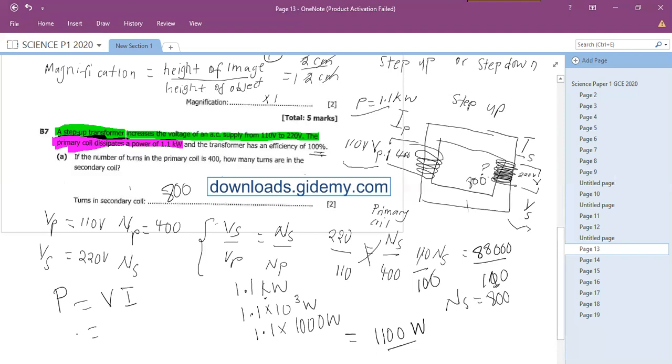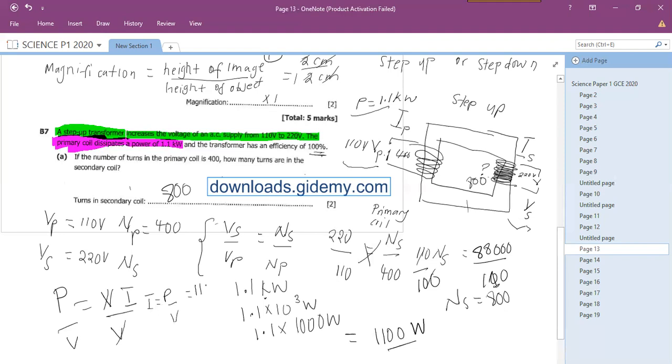So this is what we use to calculate the power in the primary coil. Here we just have to make current the subject of the formula. How do we do that? We divide both sides by voltage. That cancels, meaning current will be power over voltage. The power we've been given in kilowatts, we've converted it to watts.